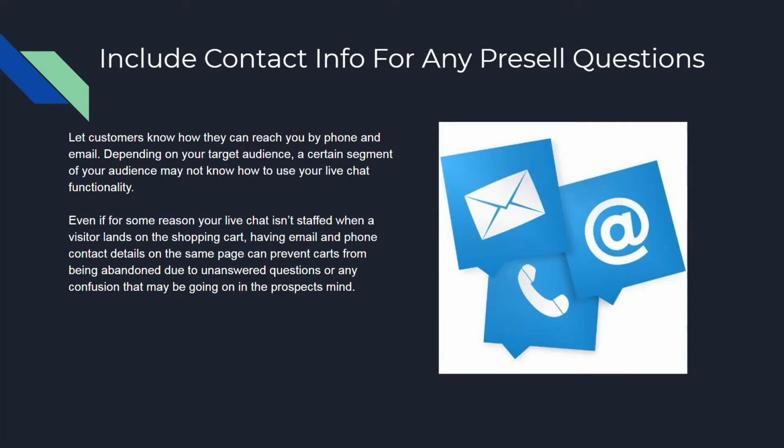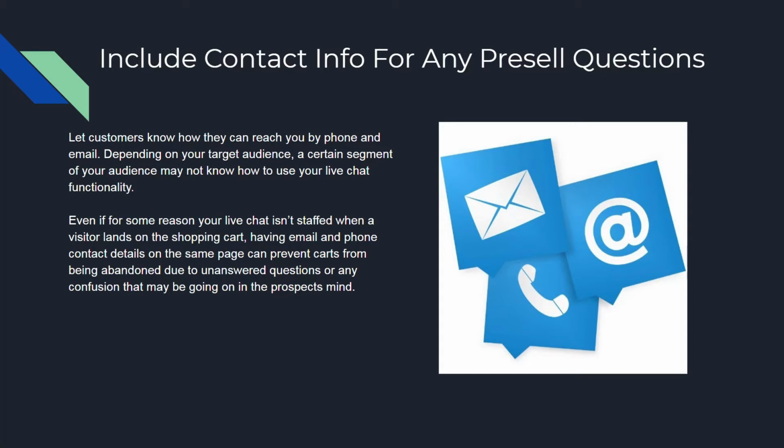Now, include contact info and any pre-sale questions, all right? Kind of important. So let your customers know how they can reach you by phone and email. And depending on your target audience, a certain segment of your audience may not know how to use your live chat, for example, okay?